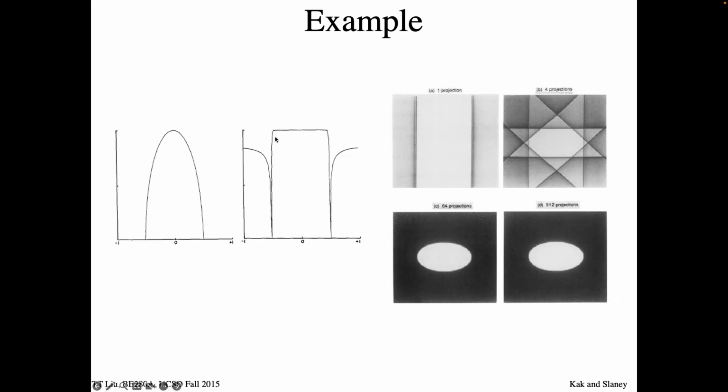It has a flat top, which is good because when we back project this function, we're going to generate a flat-topped object. And it has these very steep side lobes at the edge of the object. We take these functions and back project those, and we recover the actual image. This is called filtered back projection.